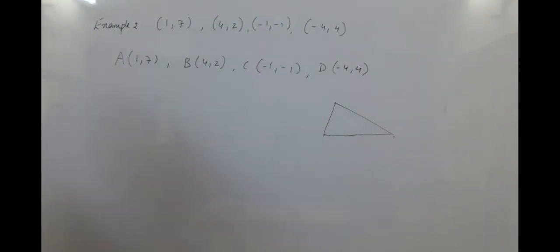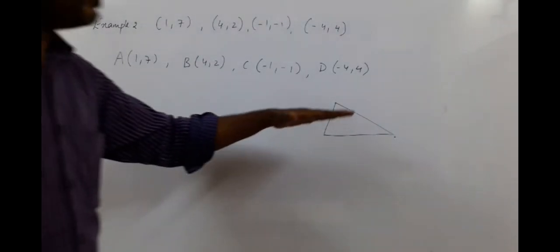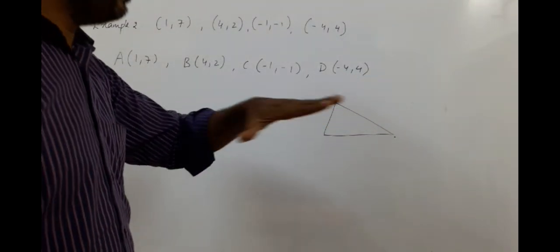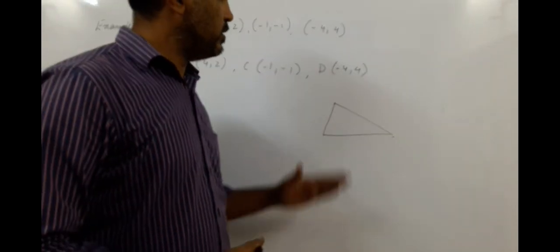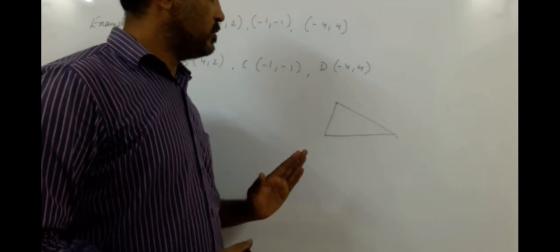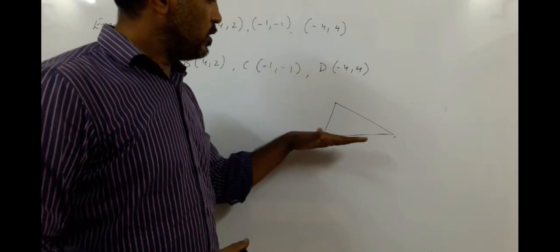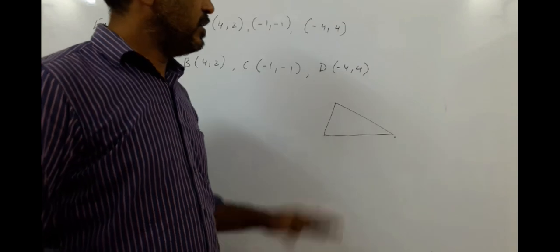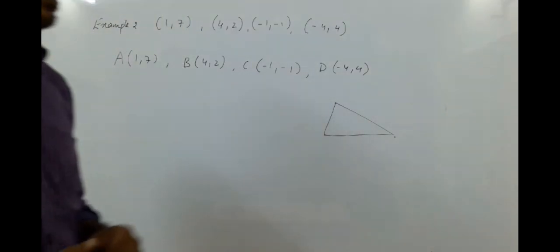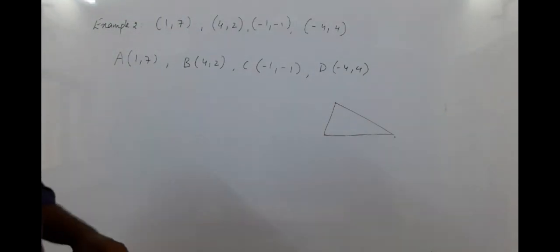Can you see, the first condition was all the 4 points were collinear, so a straight line, no shape. Second condition, 3 points are collinear and 1 is non-collinear. So you will not get this side plus this side equal to this side. It is only possible when they are collinear. So the second condition gives a triangle.